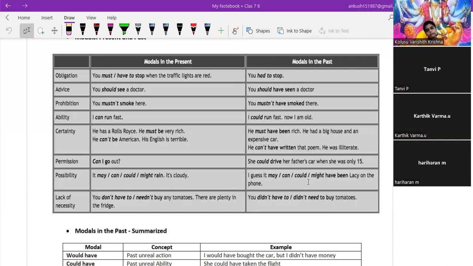Karthik, can you read? Next, Hariharan. Both are not available in the class. Hariharan and Karthik.